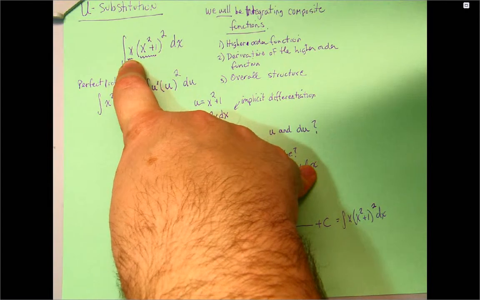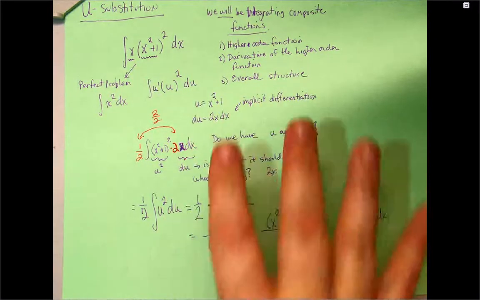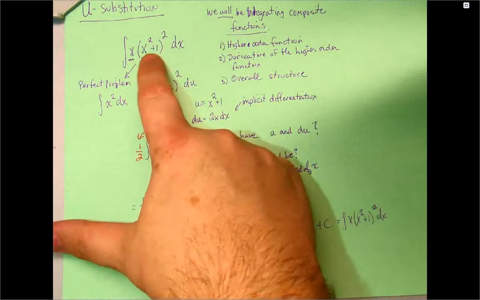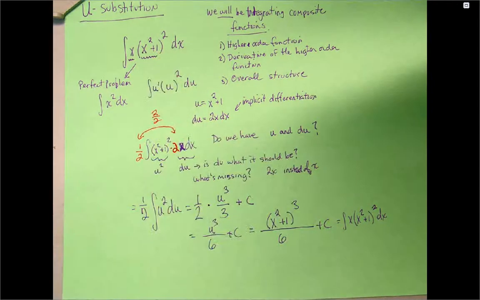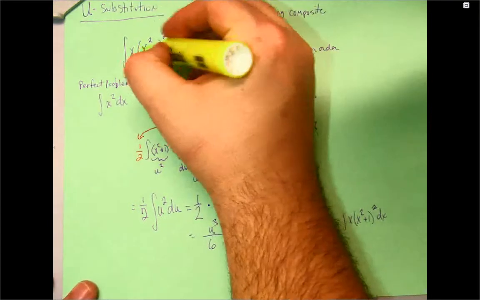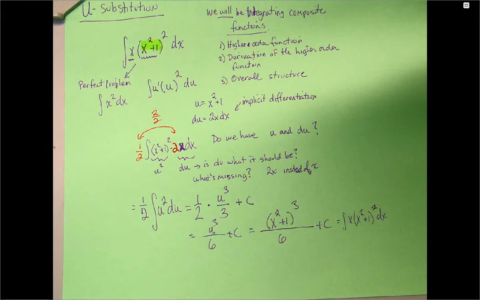And this u substitution is saying, the hardest part is identifying what the u is going to be, and then your du. In this case, the u was just this stuff being squared. We're going to do so many examples of this that the u substitution is going to be pretty easy for you, I think.